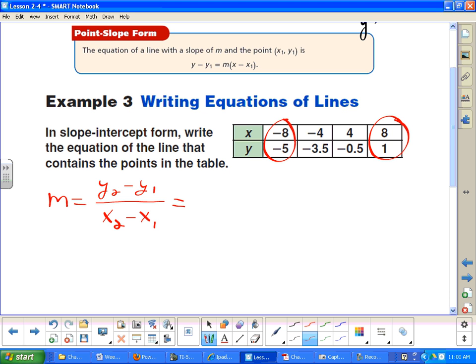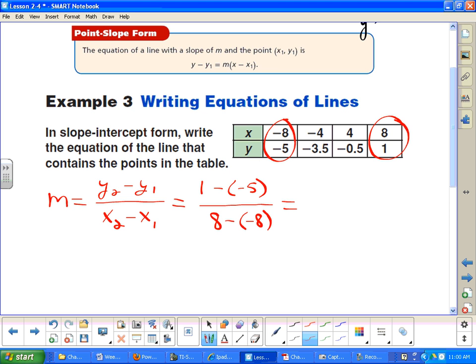So my change in y then is going to be 1 minus negative 5. And then our change in x would be 8 minus negative 8. And once again, the reason I'm putting the point with the positive 8 first is because I want to make sure that my largest x value goes first so that I always end up with a positive in the denominator.